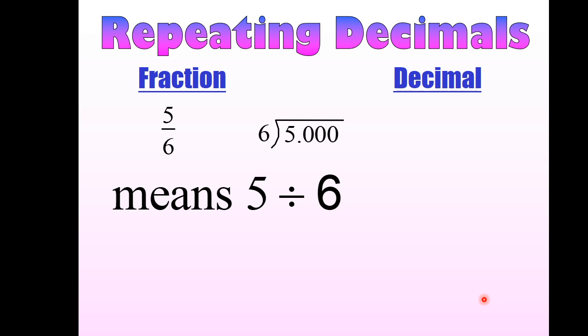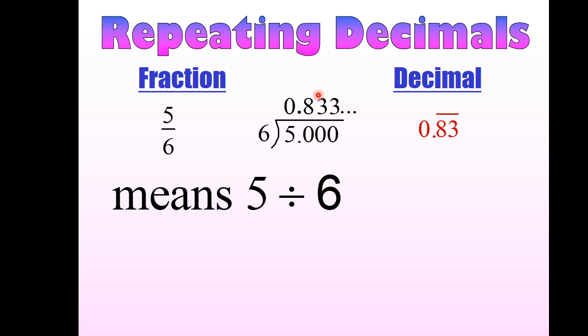Here we have another example, 5 divided by 6. Now this time, as you can see here, 0.833333. But you cannot write it as 0.83 bar, because that means it's going to be repeating 8 and 3 alternately: 83, 83, 83, 83.